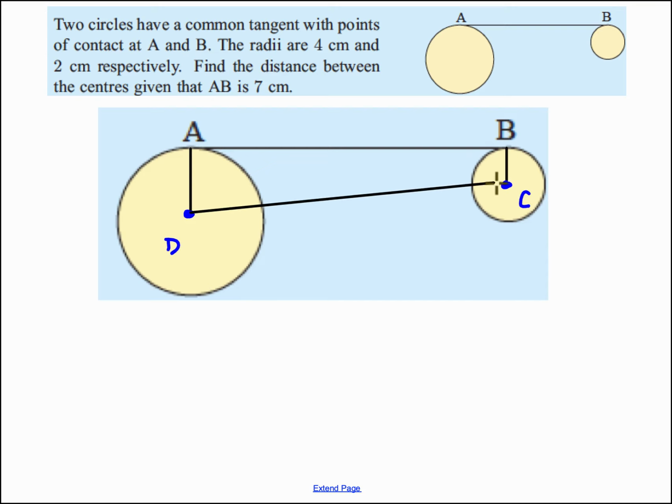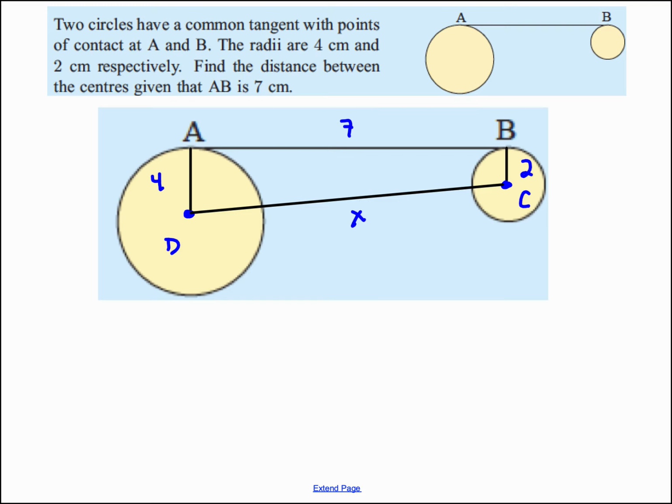So that'd be like that, because that's what we're looking for. And let's go ahead and label whatever we have right now. What we have is that the radii are 4 centimeters and 2 centimeters respectively, and I know that AB is equal to 7. And I have to find this. This is X.